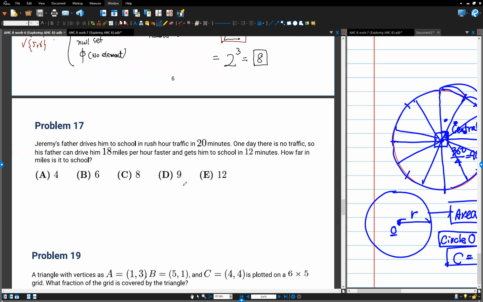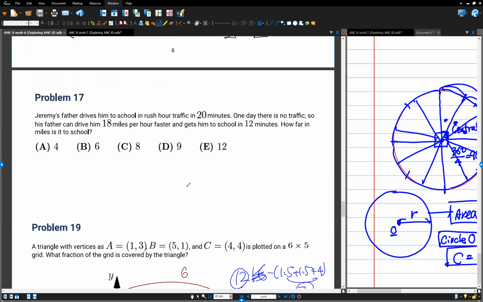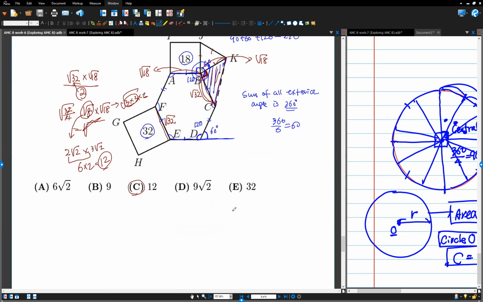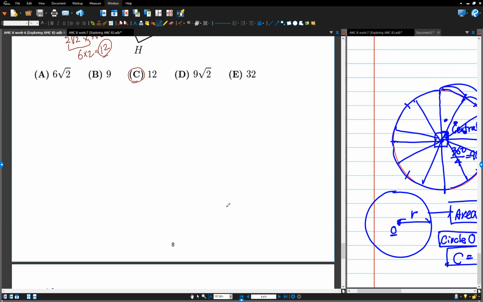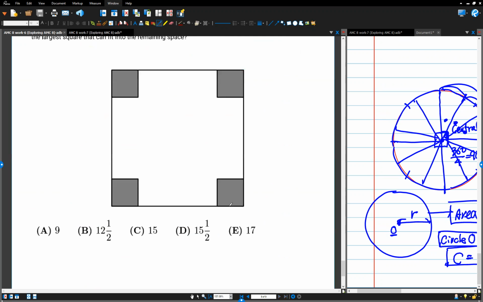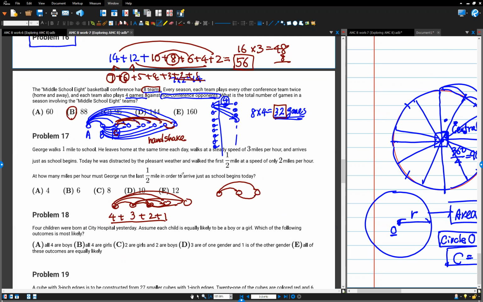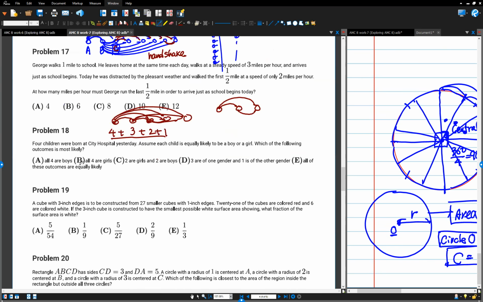Up to 13 we did, and we did number 19 too. We did number 21 too. Wow. 25. Oh, okay. This is a lot. All right, number 17 is okay. Number 18, we might have a chance. Tomorrow we can try this, okay?